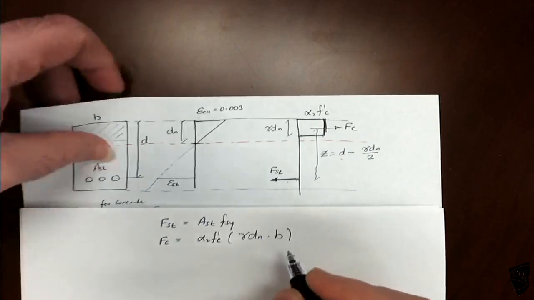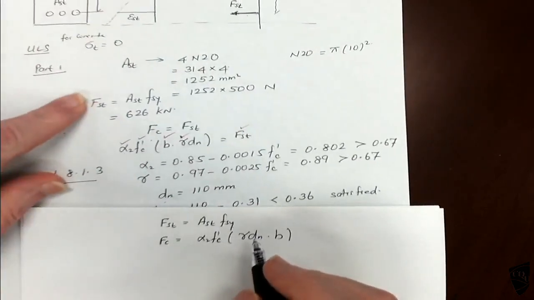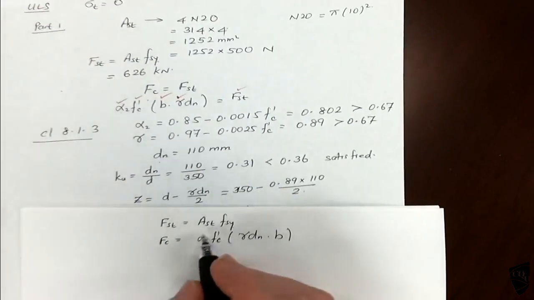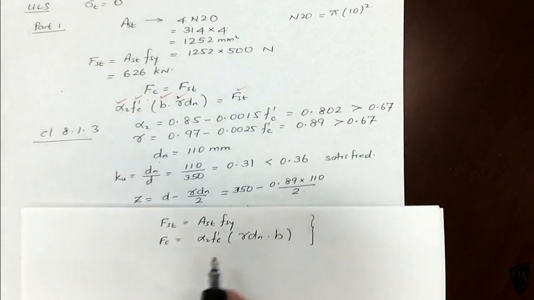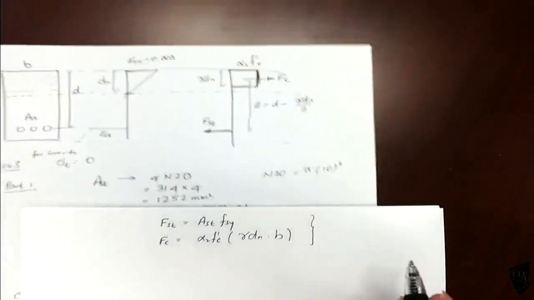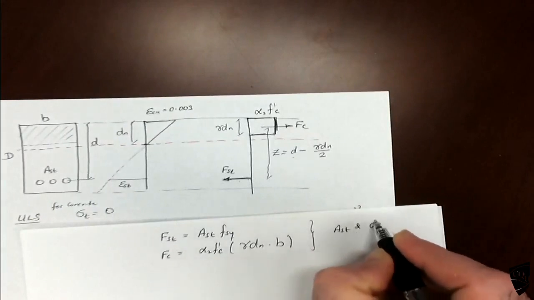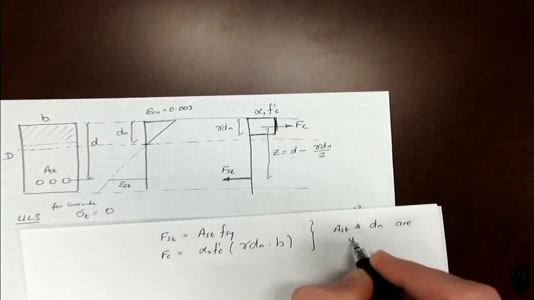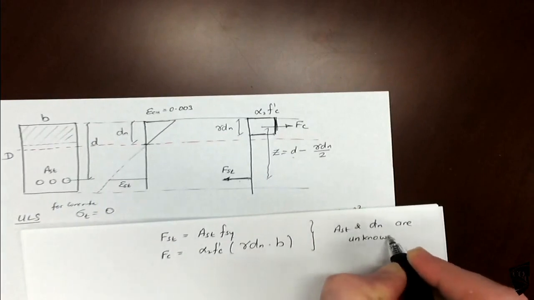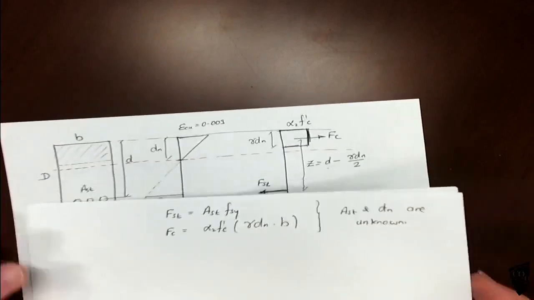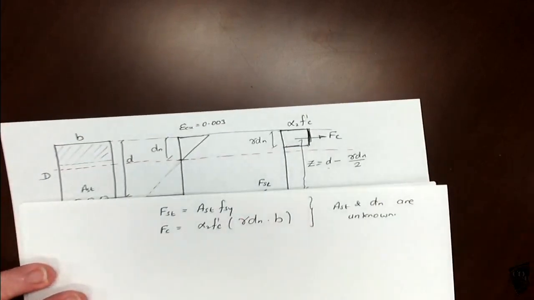So the same equation for Fst and Fc, doesn't change. Only thing is, earlier only dn is unknown, Ast is known, but here Ast and dn are unknown, so two unknowns. So what we need to do is find out Ast and dn, two unknowns. Earlier dn is the only unknown because Ast is given.